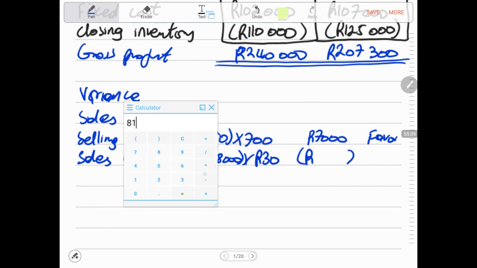This unfavorable variance will be 1,000 times 30, which is an amount of 30,000 Rand.